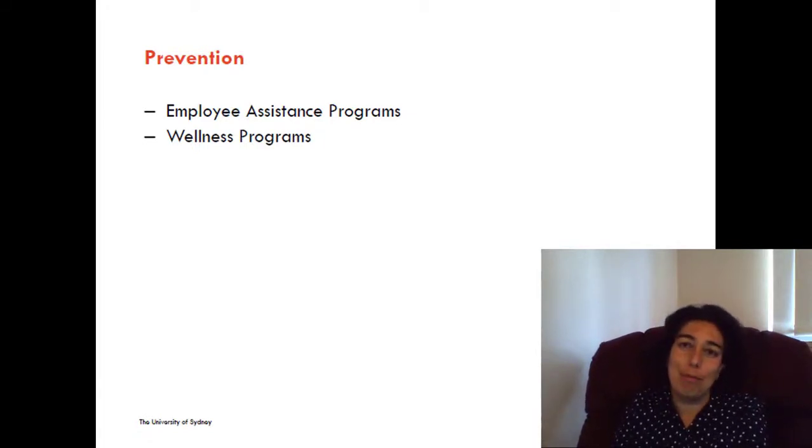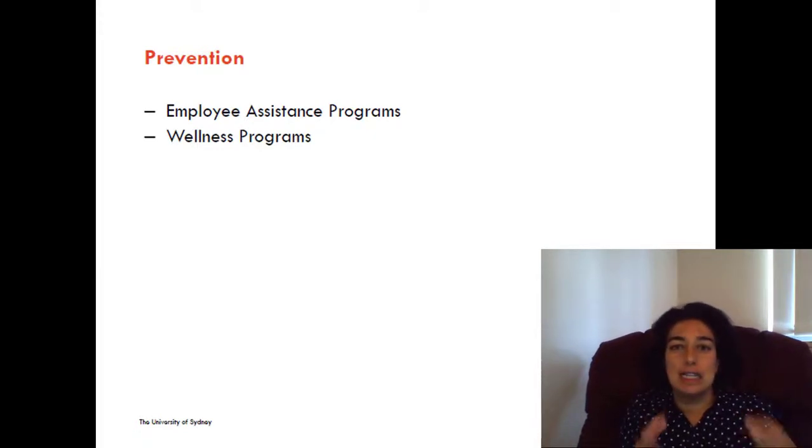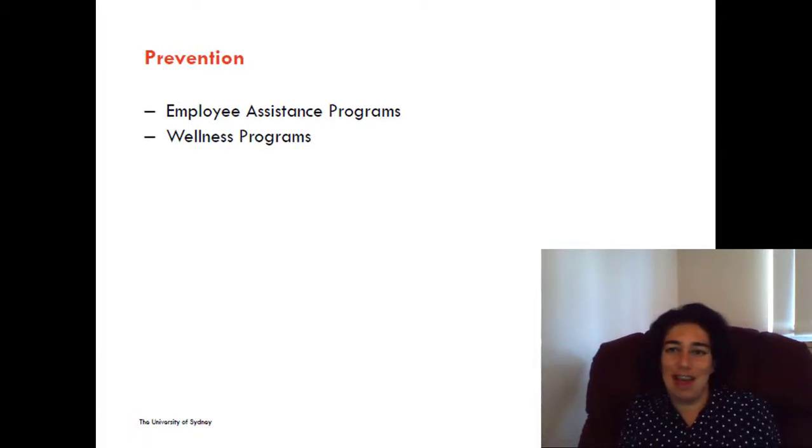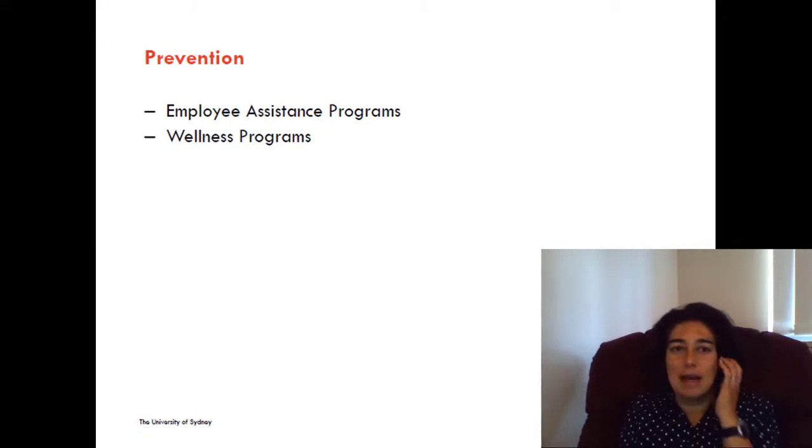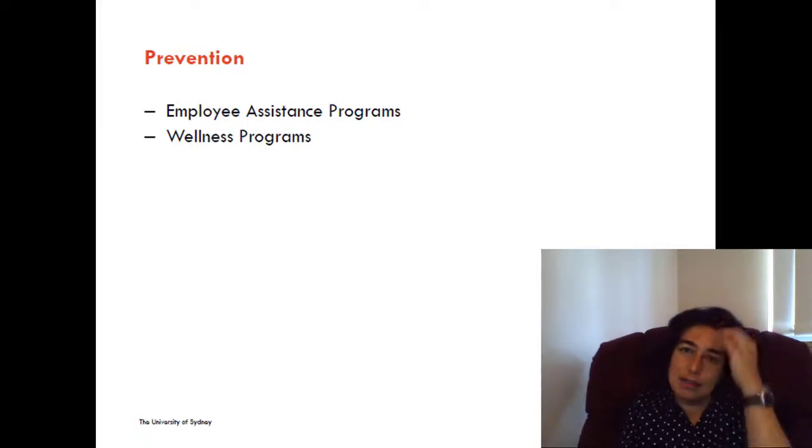Another preventative approach that is often taken is wellness programs. The University of Sydney has a wellness program that includes a number of things. Of course, we have sports and fitness access. We have mindfulness meditation that happens once a week.